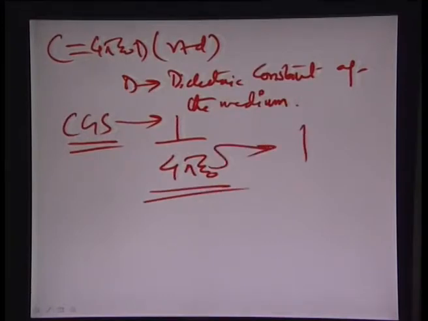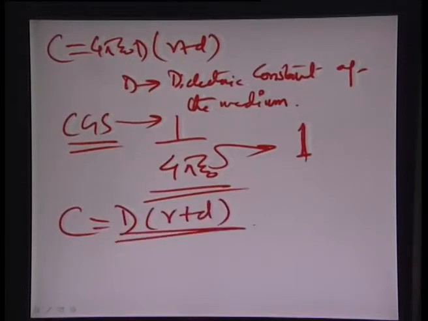That is how you define the permittivity of free space. Here, if you consider the same CGS units, the capacitance C becomes equal to the dielectric constant times r plus d.